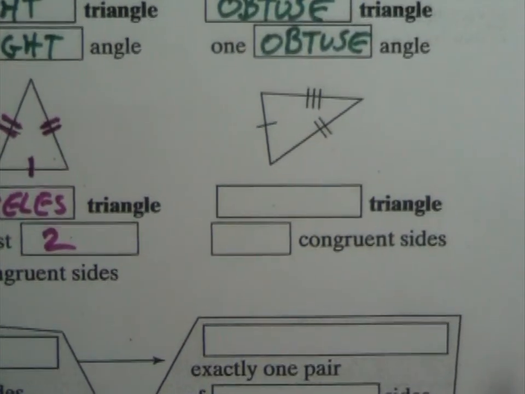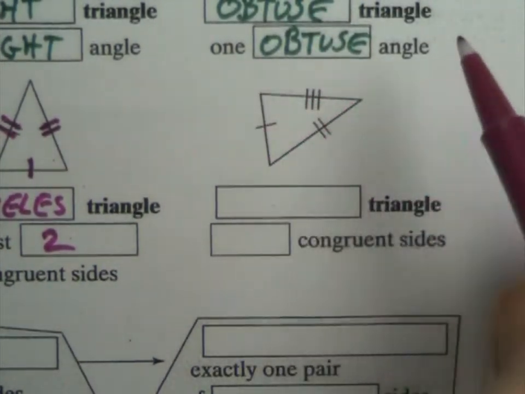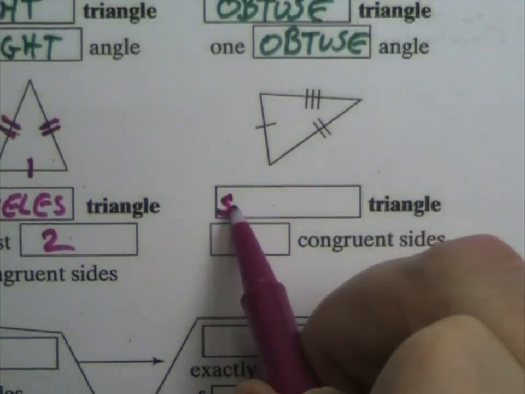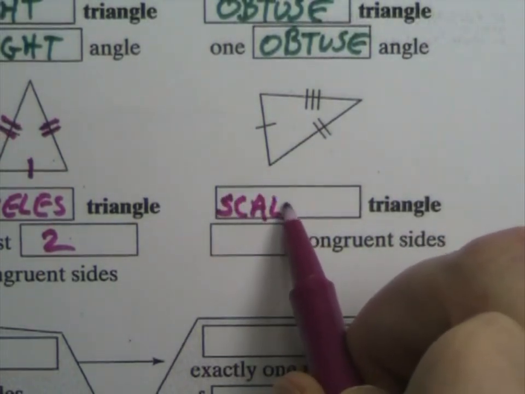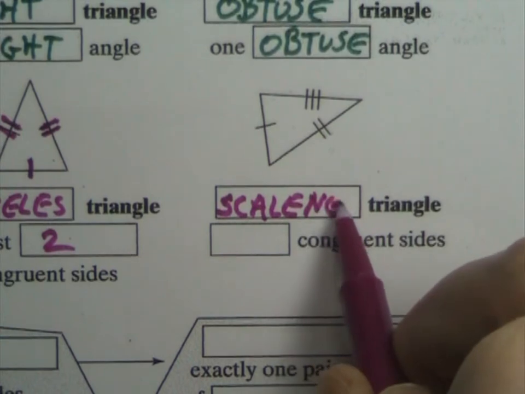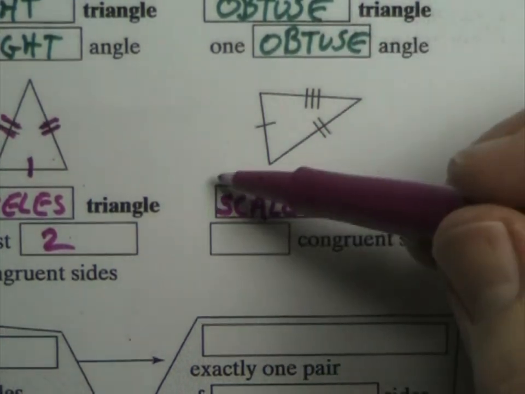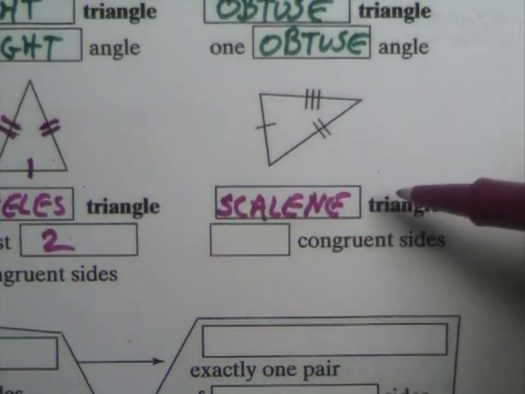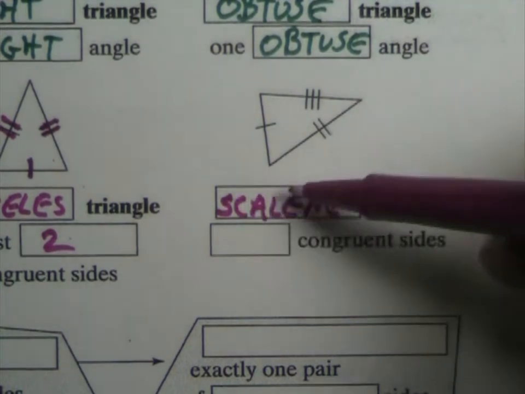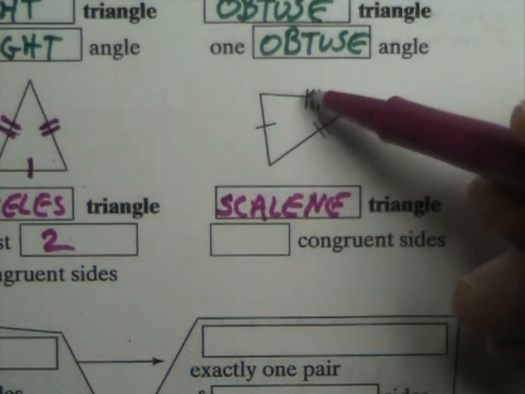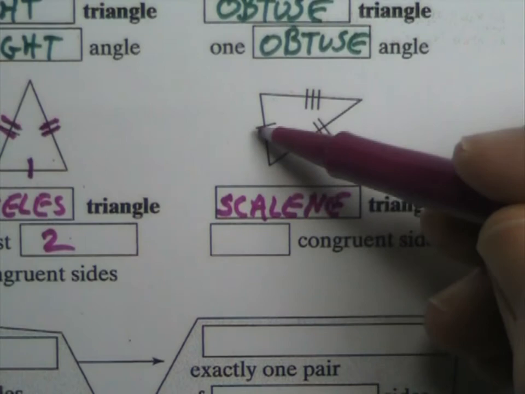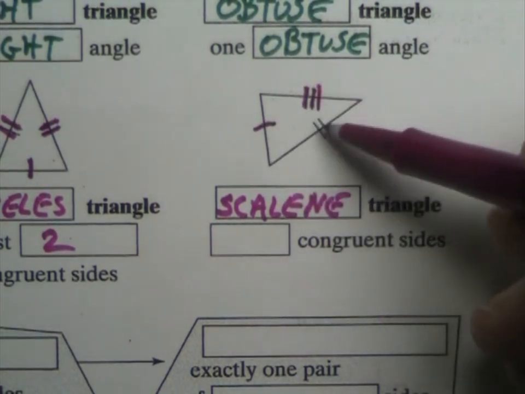And this one over here, see, there isn't any, huh? And that word is scalene. Some pronounce it scalene. Scalene triangle. See that all the sides are different lengths. This has 1 mark, this has 3, this has 2.